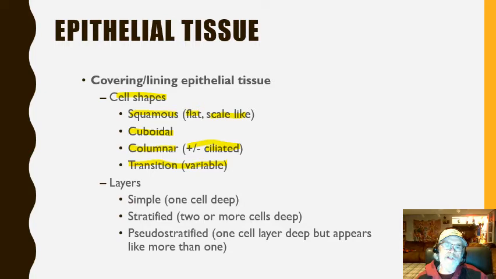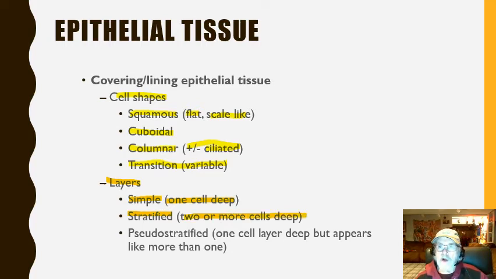If we talk about cell layers, this is a little bit different, but this is not that difficult. One layer is what we call simple. If it's one cell layer deep, it's called simple. So if I have squamous cells that are one cell layer thick, they're called simple squamous. Piece of cake. If something's stratified, it means two or more cells deep.